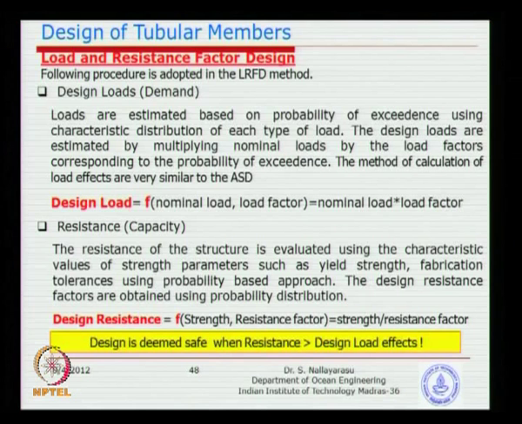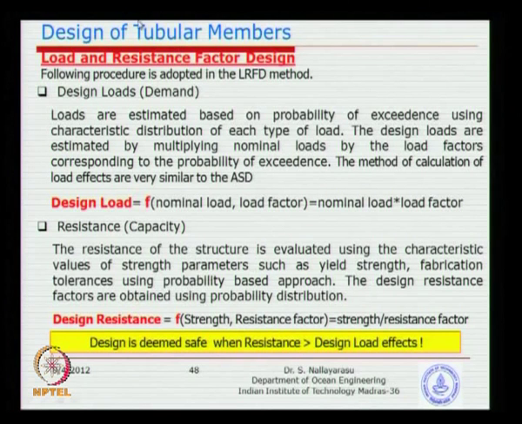Basically, a probability distribution function for each variable could be defined, whether it is dead load, live load or environmental loads. Similarly for resistance, for example concrete or steel, you could derive the probability distribution for exceedance or non-exceedance, and use those functions to derive the probability of exceedance or non-exceedance.